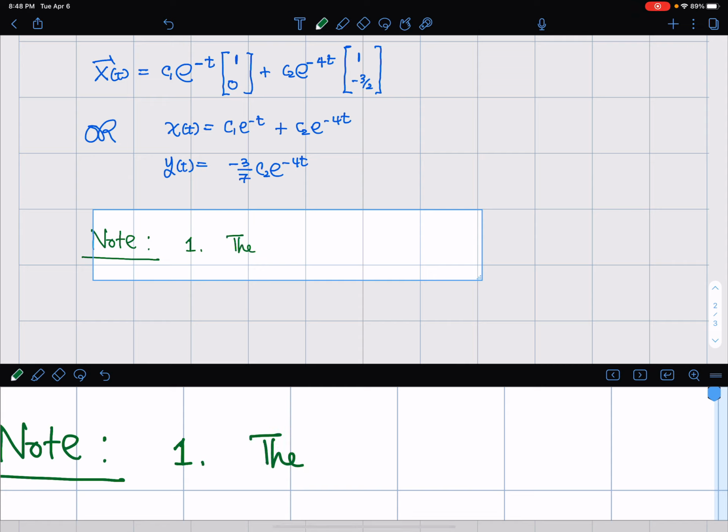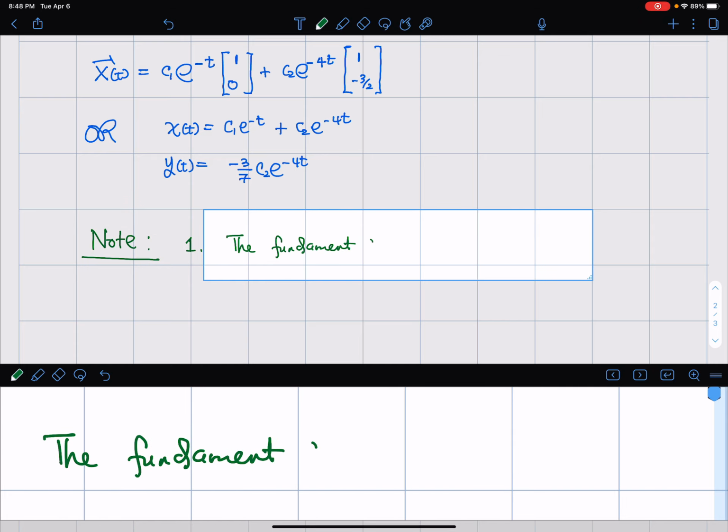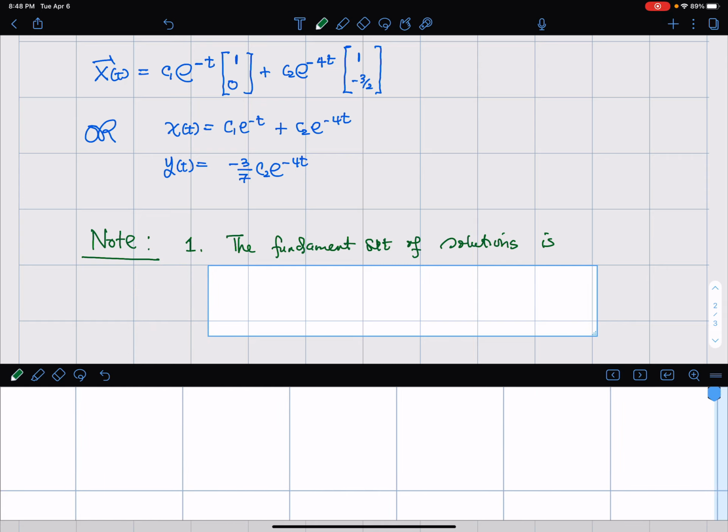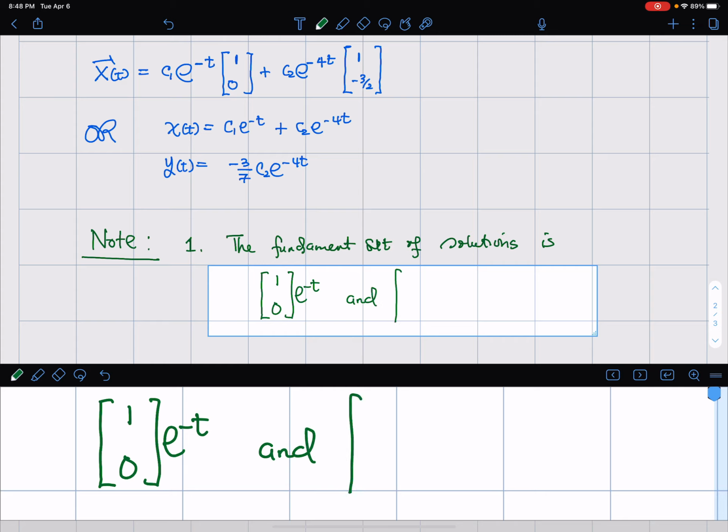So the fundamental set of solutions here is 1, 0, e to the negative t, and 1, negative 3 over 7, e to the negative 4t.